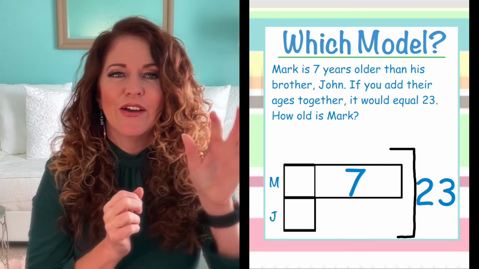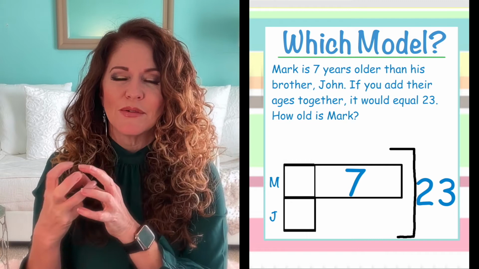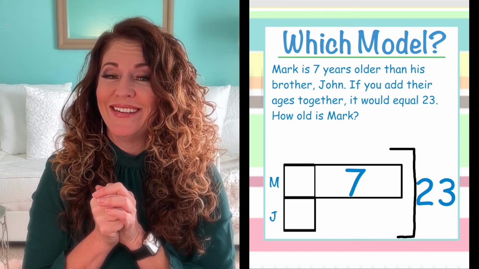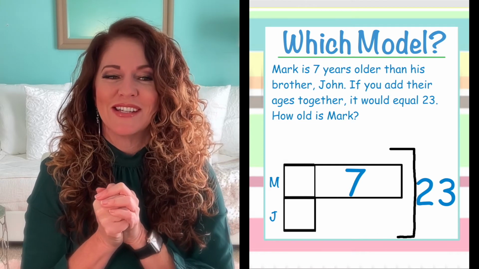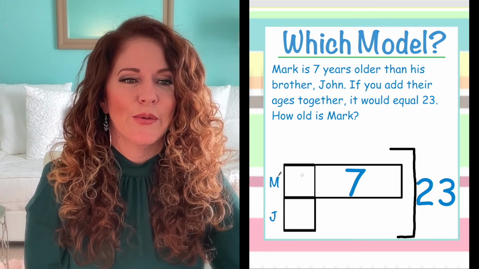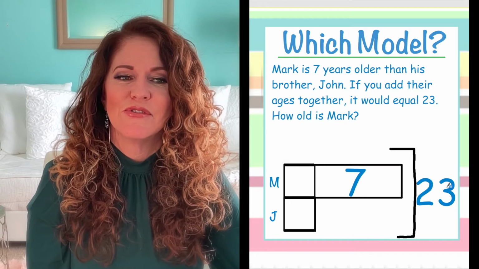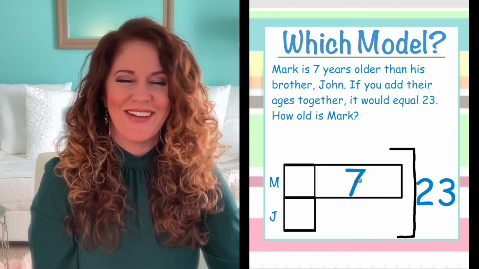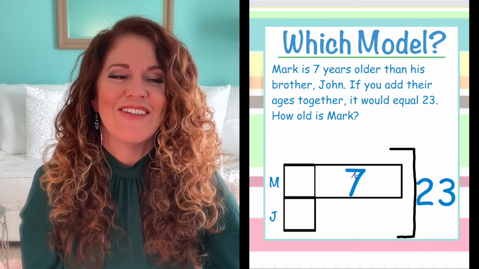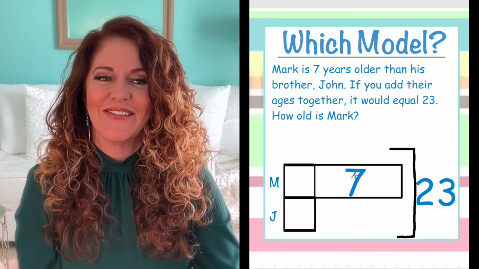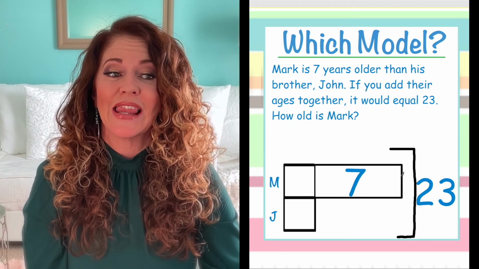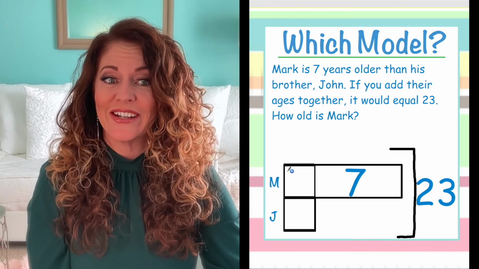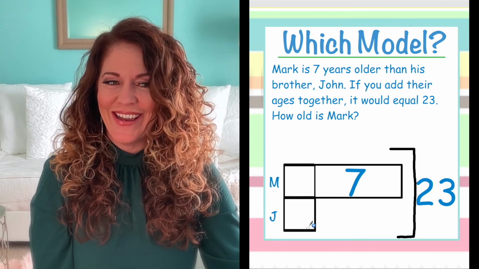So to solve this, the first thing I need to do is pull out that information that Mark has that John doesn't have. So if I'm going to pull out 7, 23 minus 7 gives me 16. If I pull out that 7 and I have 16 left, that 16 tells me what Mark and John have in common together, right?